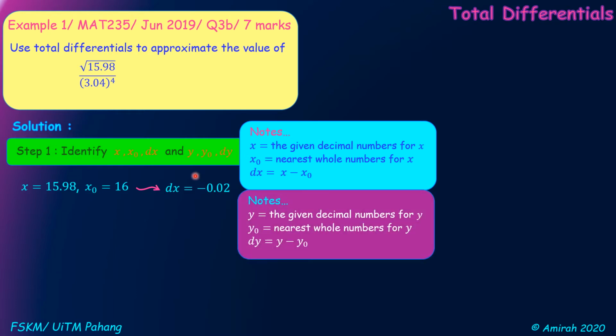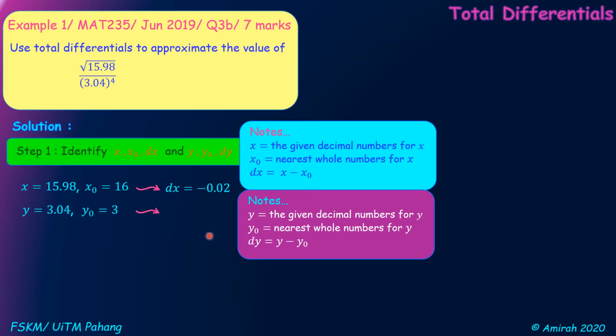After that, we need to find y, y0, and dy. y means the given decimal number for y, so we have 3.04. y0 equals the nearest whole number, so the nearest whole number for 3.04 equals 3. That means 3 is the value for y0.